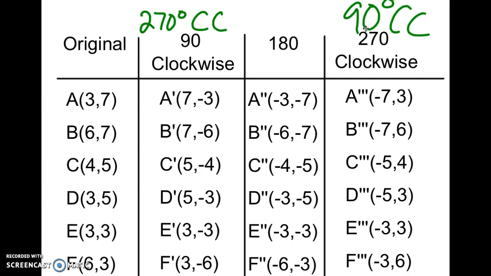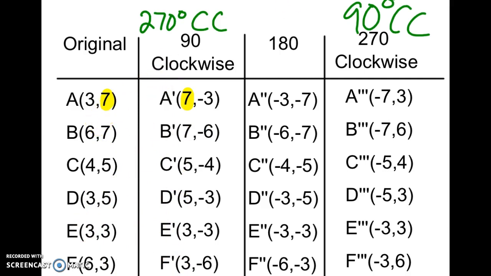Now what we need to look at, we need to figure out what the rule should be for going from our original to each of these. Let's see. For this first one, letter A has a 3 for the X and a 7 for the Y. Well, that 7 shows up in front here. Let's see if that holds true all the way down. 7, 7, 5, 5, 5, 5, 3, 3, 3, 3.